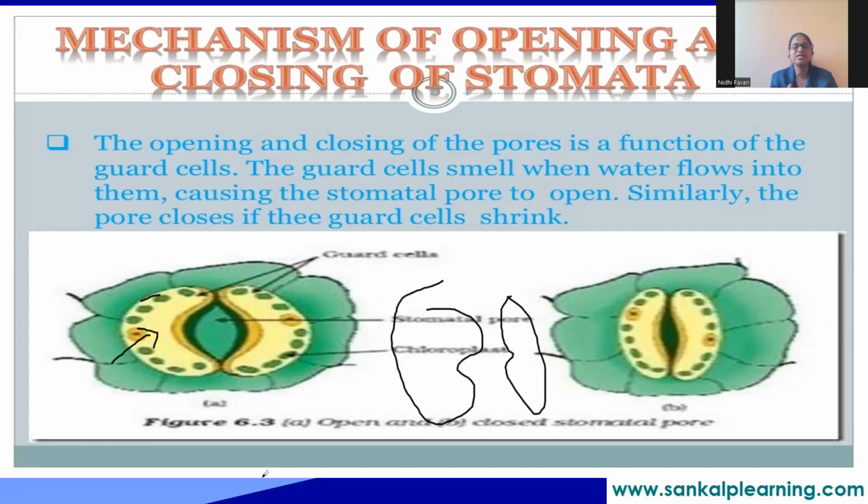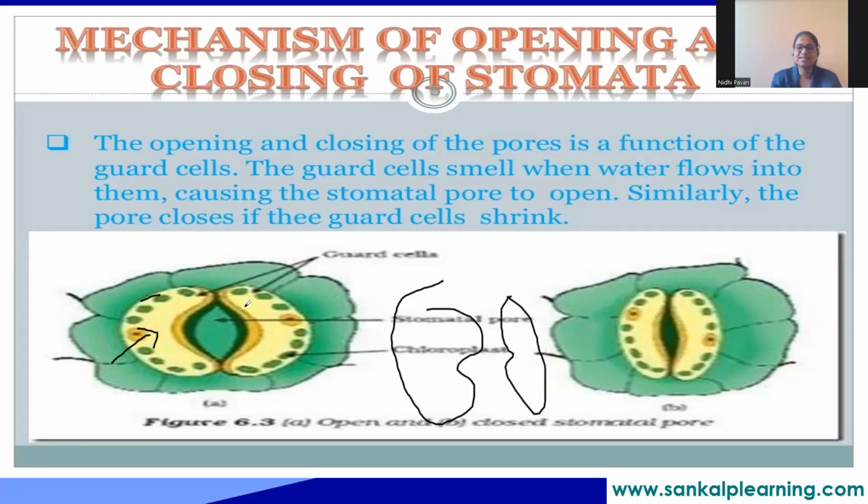So this closing and opening of stomata is guarded by the guard cells, and it is also necessary for the exchange of carbon dioxide. Why? Because we thought that only stomata absorb carbon dioxide. Not like that. The exchange of gases happens from the stem, from the leaf, the twigs, or other parts of the plant too.